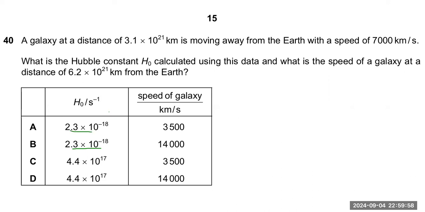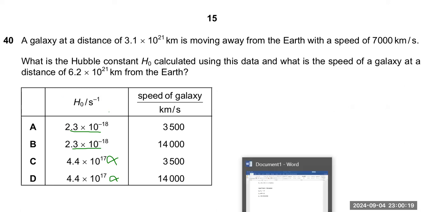We have two options here. Now you have to understand which one will be the correct option. These two options are wrong, because in the Cambridge book they have written the value of the Hubble constant. I will solve it on the word file.